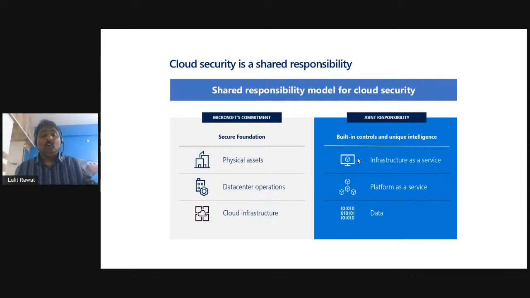You can work on your platform services. Even with the PaaS model, where Microsoft manages about 80%, they do not govern your data, because the data backup and other things you have to take care of, right? If there is a disaster or some issue around it, you will have to take care of it.